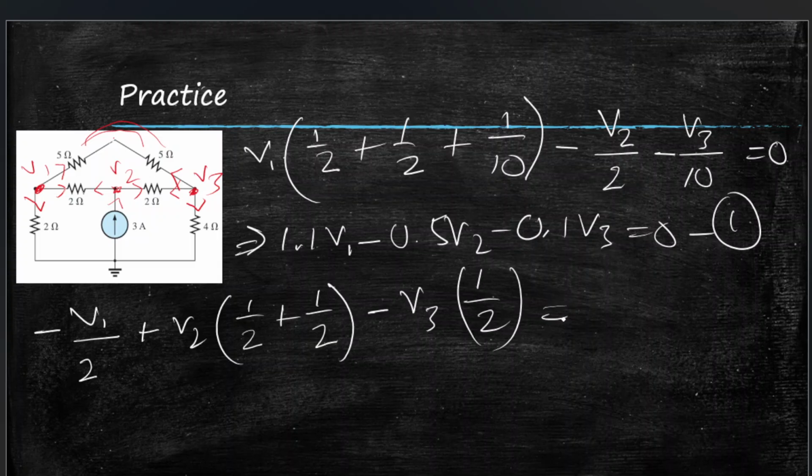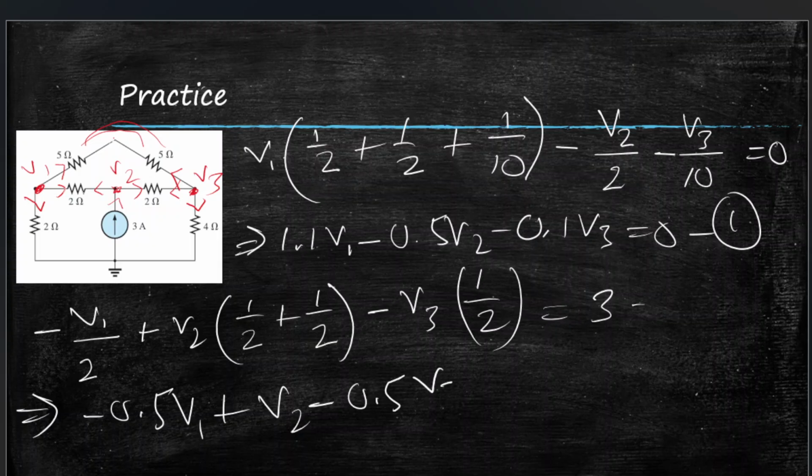Equal to 3 ampere entering, so plus 3. Simplifying: minus 0.5 V1 plus V2, since half plus half is 1, minus 0.5 V3 equal to 3. So that's equation 2, not 1. Now we will have another equation for the node V3.